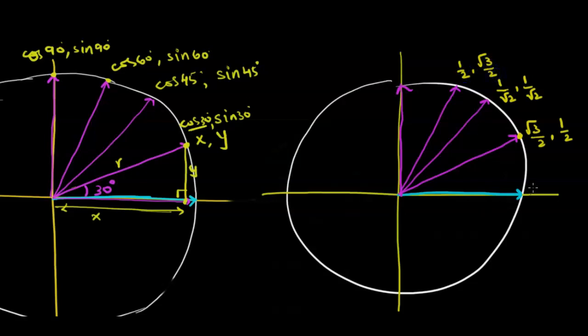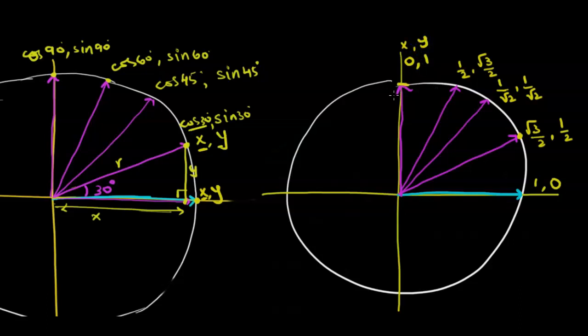And to figure out the values for 0 degrees and 90 degrees is very easy because we know this is the x value and this is the y value. So here the x coordinate is this entire radius of the circle, that is 1, and the y coordinate value is going to be 0. Whereas when we move on to the 90-degree angle, it becomes 0 and 1, because this is the x value and this is the y value.